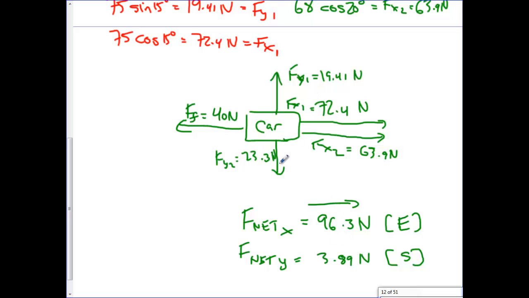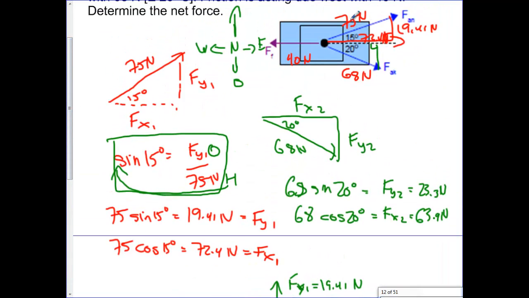Okay, so the net in y was I took this 23.3, which was pulling him slightly down, and I subtracted this 19.41, which was pulling him slightly up. Does that make sense? You have these two guys pulling this way, and the car is going to go that way, but slightly south. Because this guy here is pulling at 75 and this guy at 68, and since this guy's pulling in this direction, the car will actually go like that. Does that make sense?